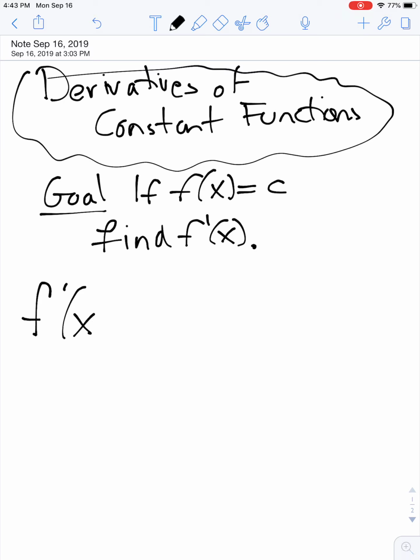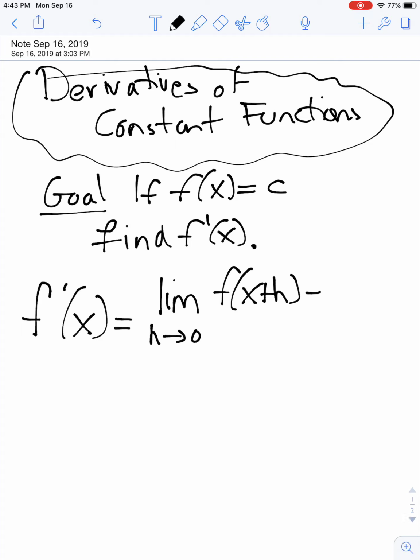So we know by the limit definition of the derivative that f prime of a, or f prime of x, doesn't really matter, is the limit as h approaches 0 of f of x plus h minus f of x all over h.